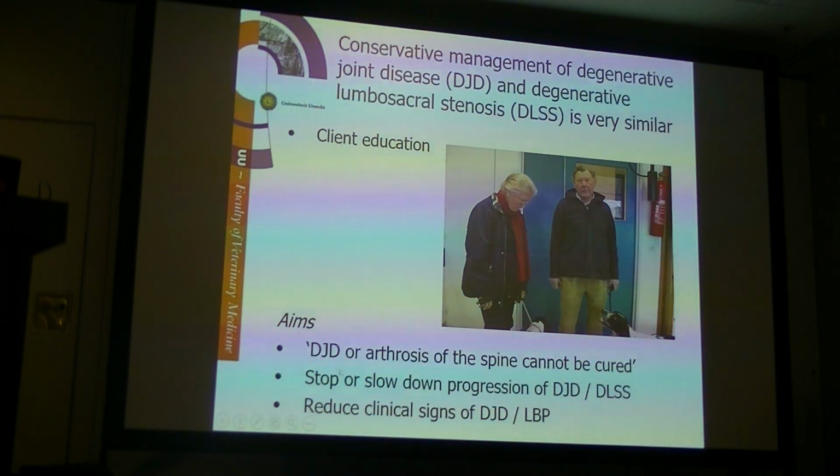You also need to tell them that usually degenerative changes of the spine cannot be cured. That is something that is there, and it may get worse over the years, but it cannot be cured. The only thing that we want to do is stop or slow down progression of the disease, and reduce the clinical signs.